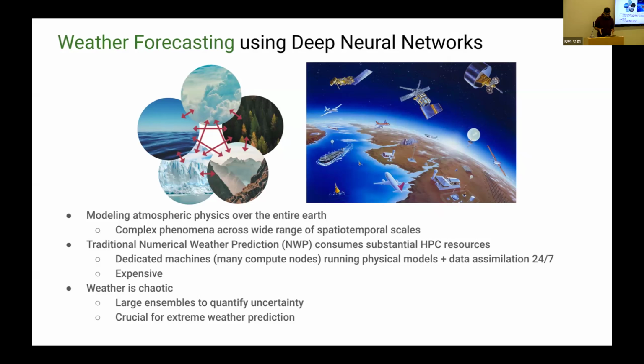This can be very critical, especially for extreme weather like heat waves, precipitation events, and hurricanes, where it's really important to model the tails of the probability distribution well. But it also means the cost of generating a single forecast is amplified, because you have to generate multiple forecasts all the time.